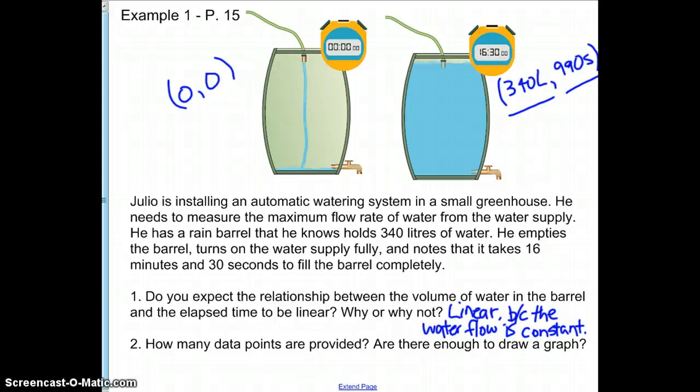Note that we want everything in seconds because we need to have a common form of measurement on one axis. So we're going to go with liters on the y-axis and seconds on the x-axis. Our other point is when the barrel is completely empty, which is at 0 liters and 0 time has elapsed. So we have 2 data points provided, and yes, we have enough info to draw a graph.